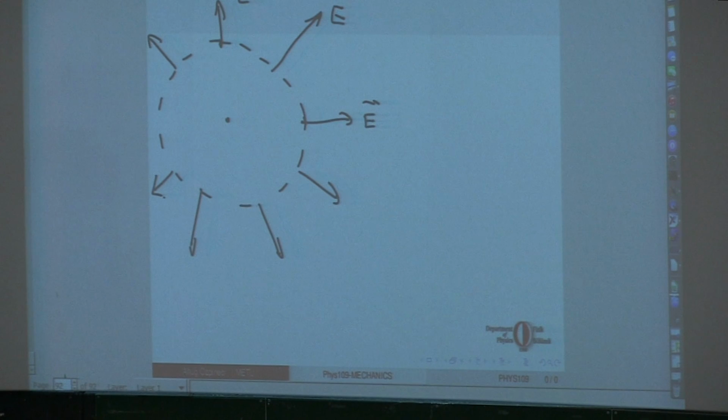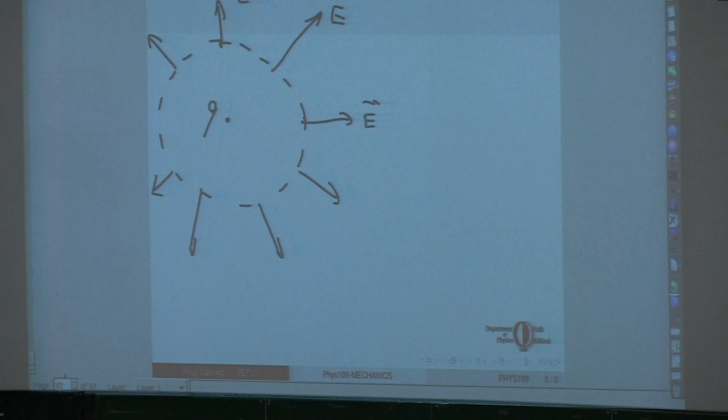If I'm at the same distance from my point charge Q, the magnitude of the electric field is the same everywhere because of this rotational symmetry. It looks the same no matter how I rotate my system. Furthermore, they have to be pointing radially outward. This is information that you have to deduce before using the Gauss law.